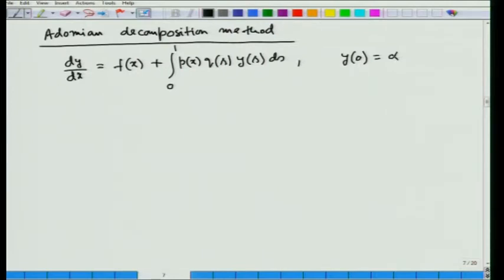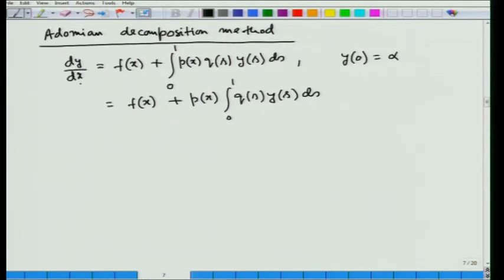This is the given equation, and as p(x) is under the integral sign, we can take it out of the integral sign and we can rewrite this as dy/dx equal to f(x) plus p(x) integral 0 to 1 q(s) y(s) ds. This is the expression for dy/dx.